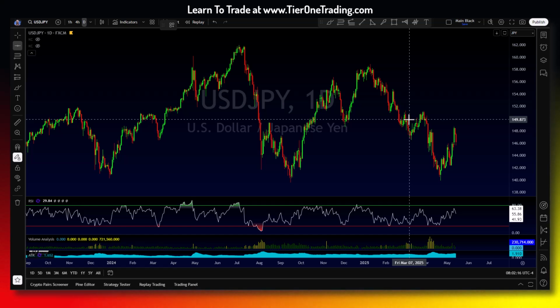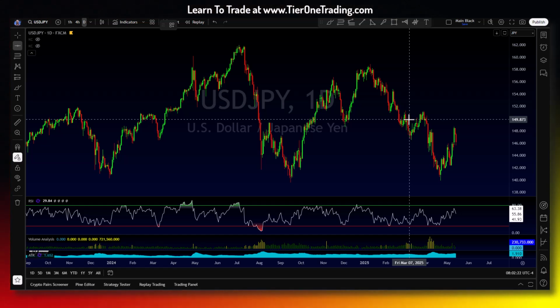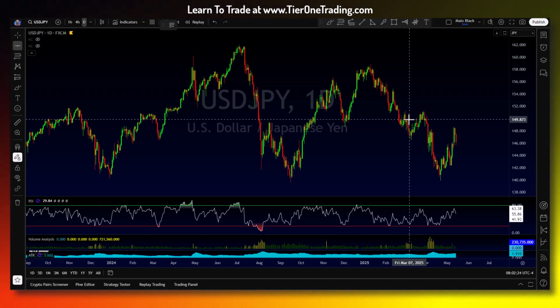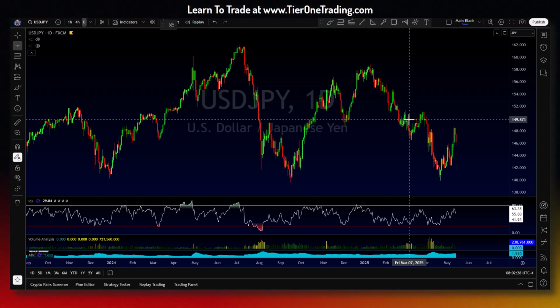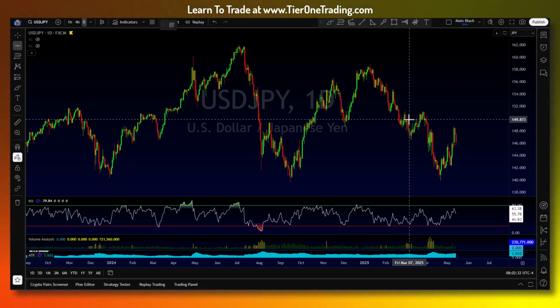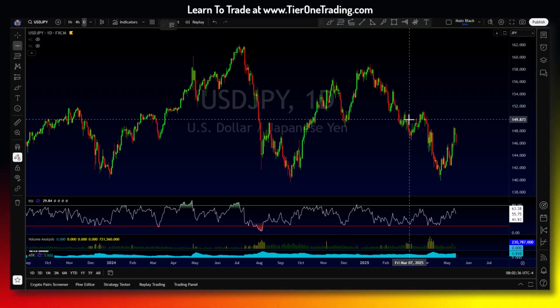If I zoom out my chart, bullish, bearish, consolidation. As far as long-term trend, I plan on doing a podcast episode later today on Dow theory. So we're going to talk a little bit about long-term trends, short-term trends, and the noise in between.